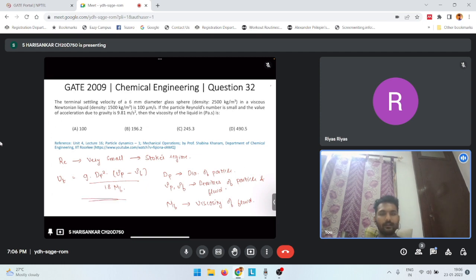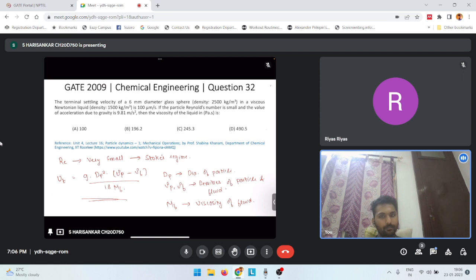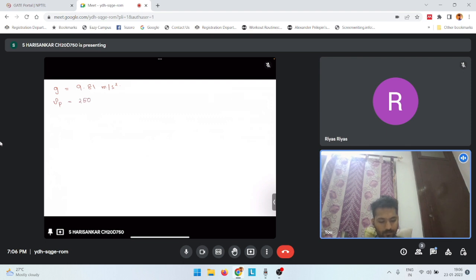So let us write the data that is given to us in this question. g is given as 9.81 meter per second square. The density of the particle is 2500 kilogram per meter cube and the fluid is 1500 kilogram per meter cube. So rho p is 2500 and rho f is 1500 kilogram per meter cube.